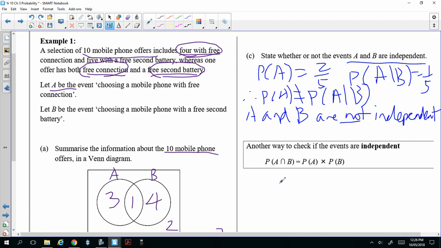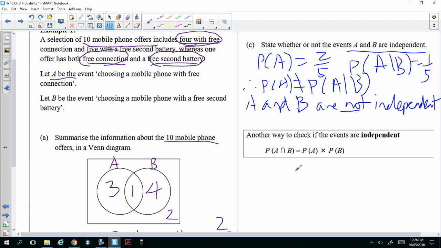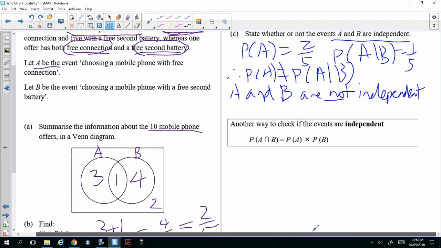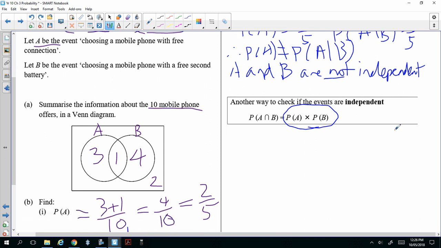There's another way to check whether events are independent, which is to use this formula. We can check by calculating these two separately and checking whether they are equal or not.